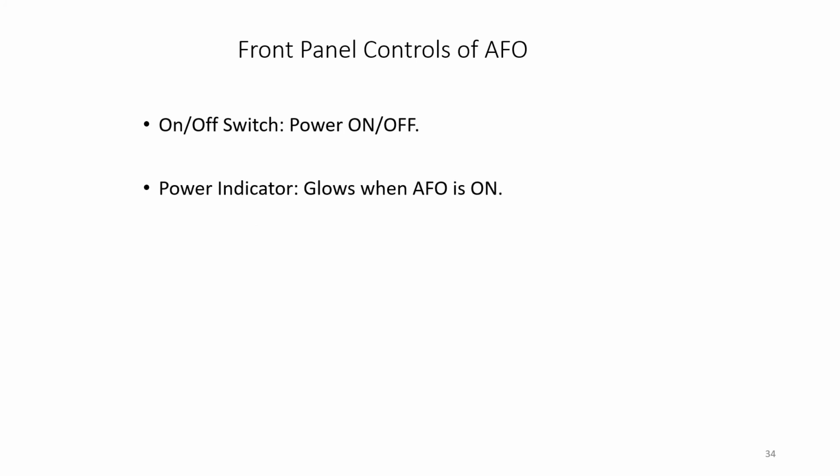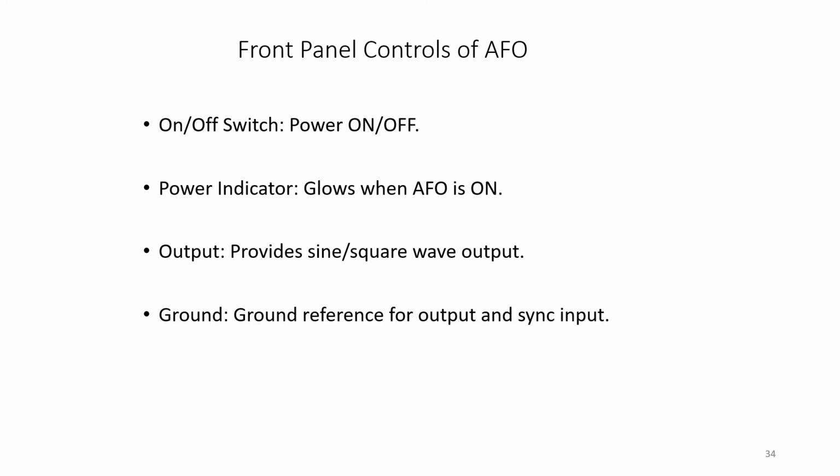The on-off power switch, the power indicator which glows when the AFO is on, some LED like, and the output which provides the sine wave and the square wave output, of course the ground reference for output and sink input. To accept an external sink signal, we have one more front panel control as sink.